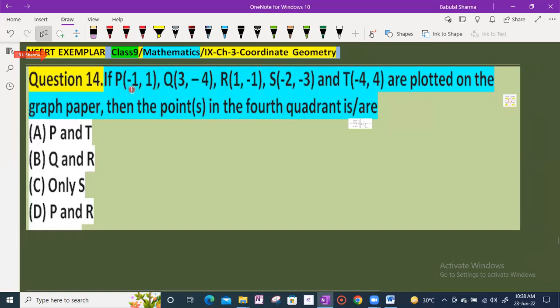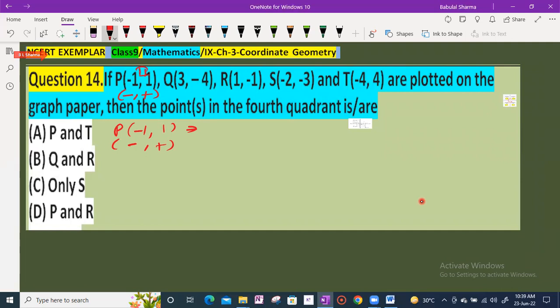Point P with coordinates -1, +1, that is minus comma positive, will lie in the second quadrant.